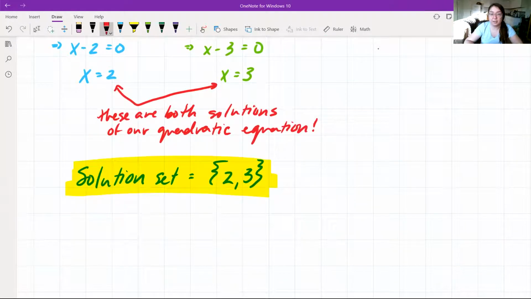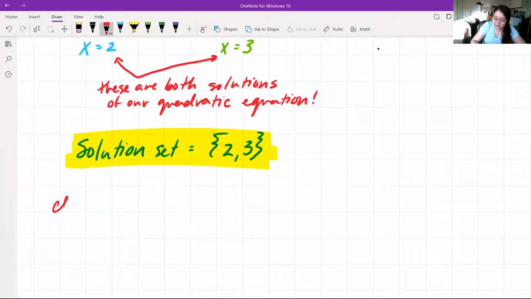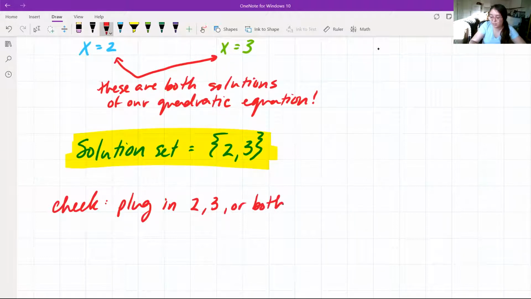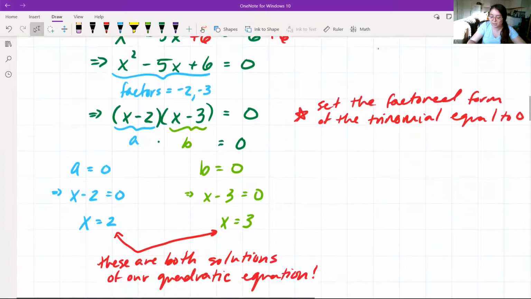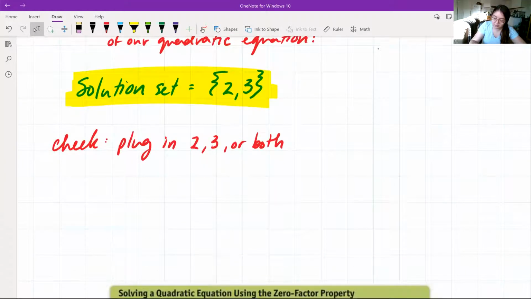If you just want to check to make sure that this is correct, you just need to plug in 2, 3, or both. So let's plug in 2. We had x squared minus 5x plus 6 is equal to 0.